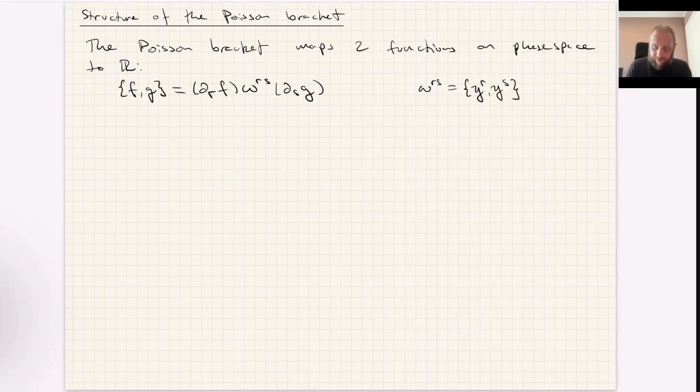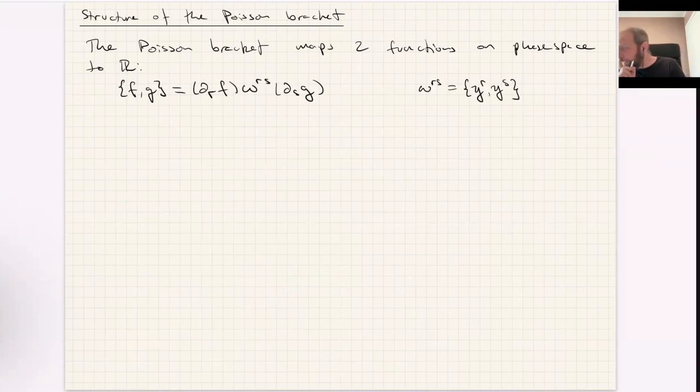And you know that you can get this in canonical coordinates by inserting the p's and q's here. It's 0 if both y's are a q, or if both y's are a p. If one y is a q and the other is a p, then you get something non-zero, in canonical coordinates plus or minus 1.